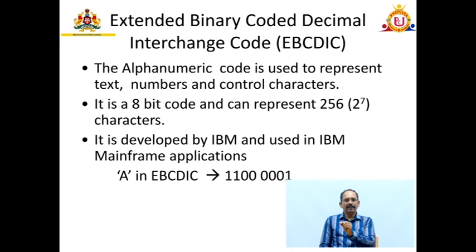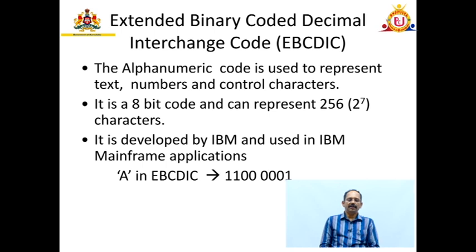So EBCDIC is an 8-bit code. Using 8 bits, we can produce 256 different, unique combinations. Each combination can be used to represent a letter or a symbol or a control character, whatever is possible on a computer keyboard, and can be assigned a code in EBCDIC.